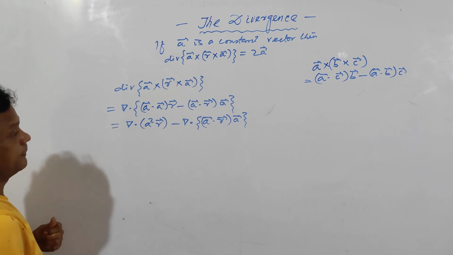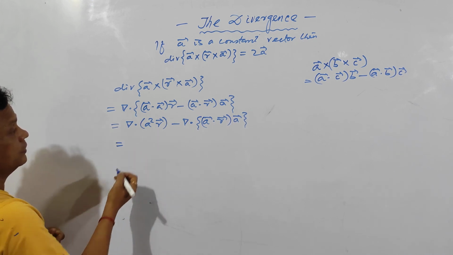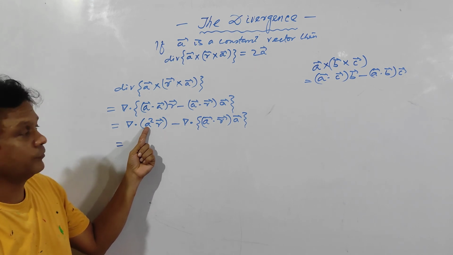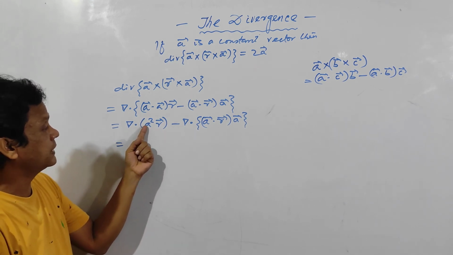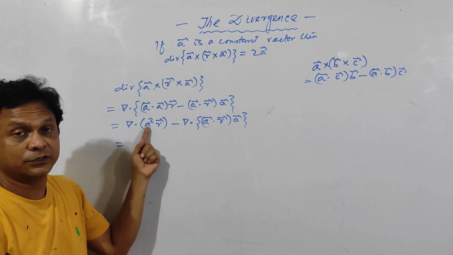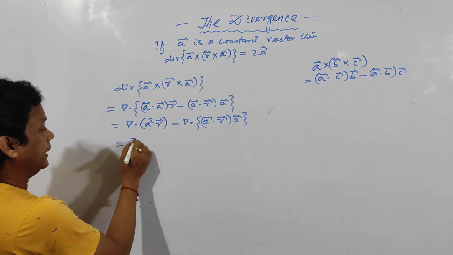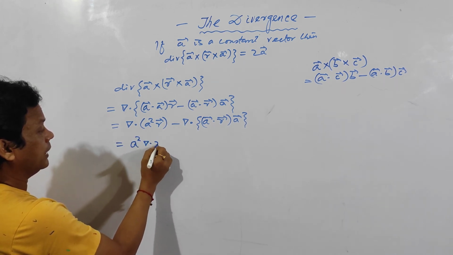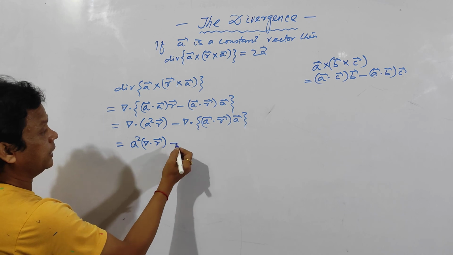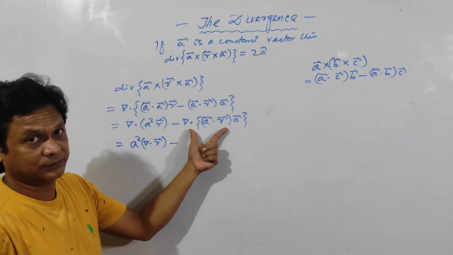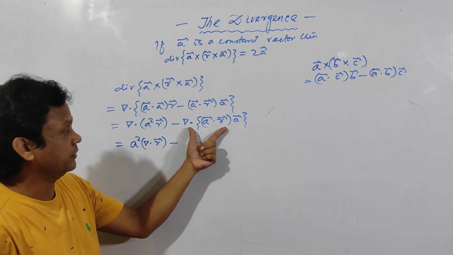Here this is a scalar quantity, A square. So del dot scalar into vector, not scalar function. It is a scalar, so take it outside. A square del dot r vector minus, already I have proved it, it is A vector.